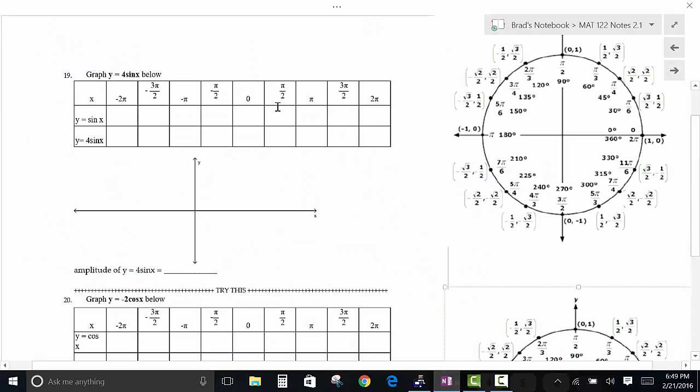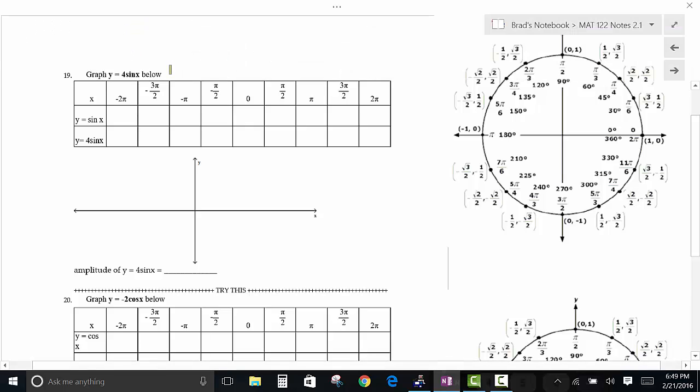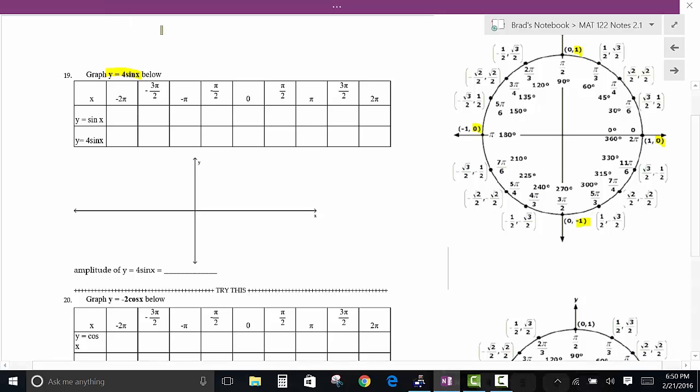Now we're going to do a couple of graphs on this next page. I've put a couple of unit circles on here so that we can look at this. We're now doing the graph of y equals 4 sine x. If we're doing a sine on a unit circle, we are interested in the y values. We're only going to look at these quadrantal values for now.